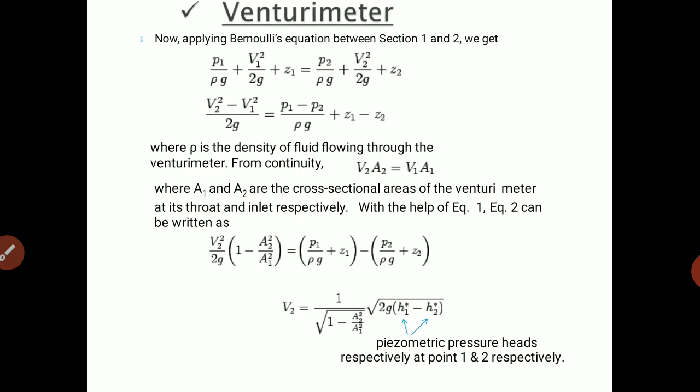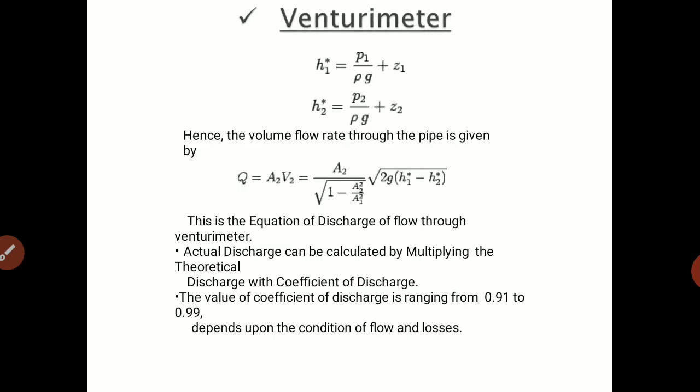We apply Bernoulli's equation to the first section and second section, and then by using the continuity equation we can relate the velocities at the first point to the second point. From the velocities at the first and second points we can directly calculate the discharge Q through the venturimeter.